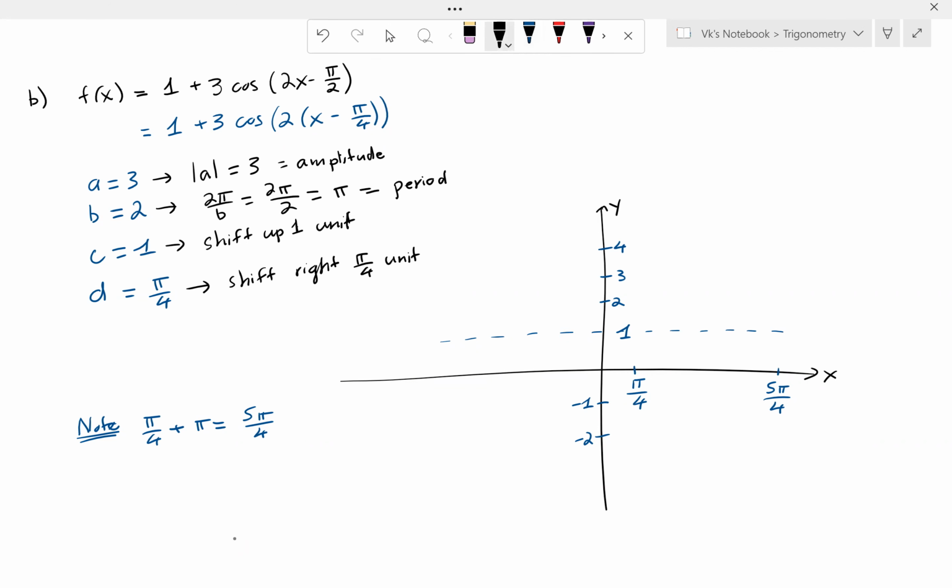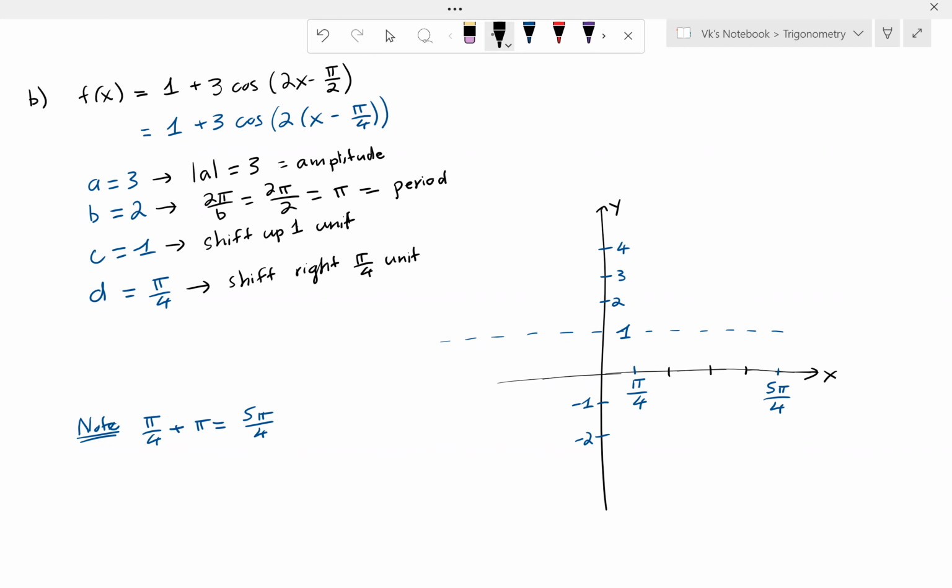Now, what we need here is 5 points to sketch the function correctly. It is best to get the 5 points, and to do that, we can divide the interval between pi over 4 to 5 pi over 4 into 4 equal intervals. So use the midpoint and then another 2 smaller midpoints.